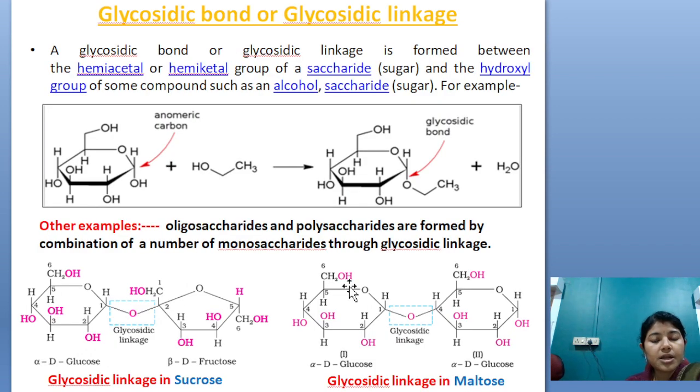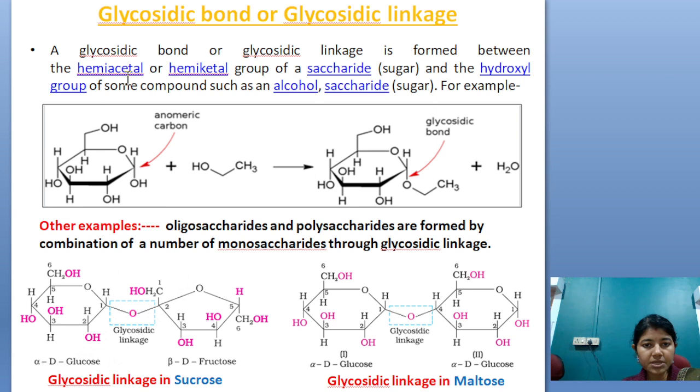glycosidic bond. Glycosidic bond or glycosidic linkage is formed between the hemiacetal or hemiketal group of a saccharide and the hydroxyl group of some compounds such as alcohol, saccharide, etc. For example, this is the glucose molecule where this is the anomeric carbon.